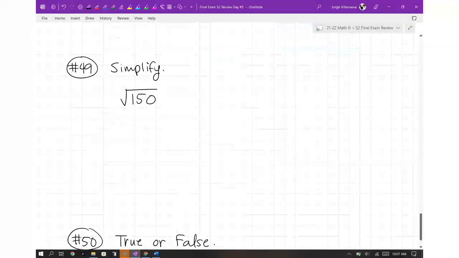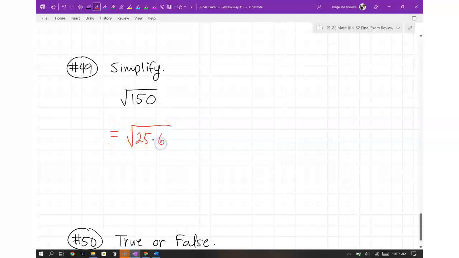Well, 150 is 25 times 6. And the square root of 25 is 5. There is no square root to 6, so there's your answer.